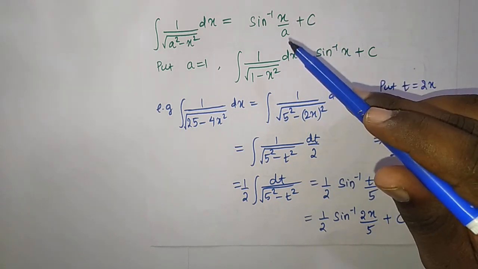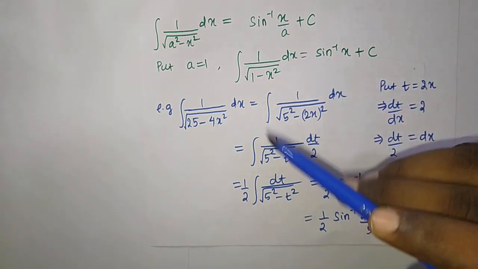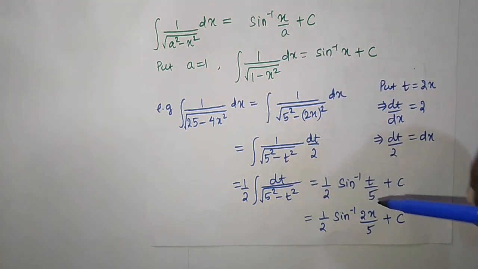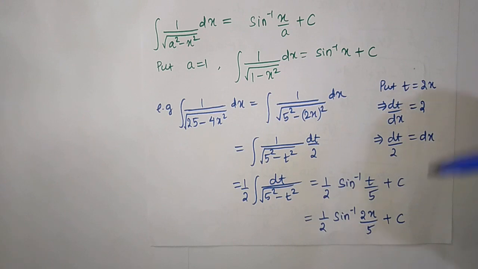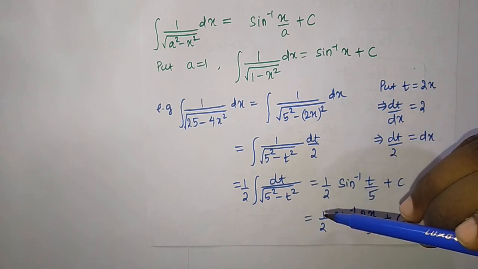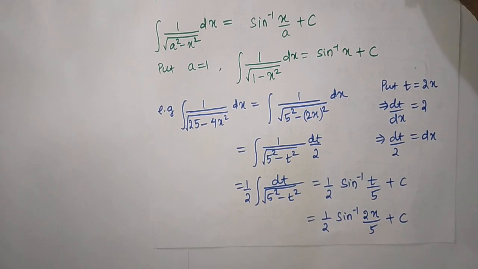Here x by a is there, so in place of x, t is there, and in place of a, 5 is there, so it becomes sine inverse t by 5 plus c. Again put the value of t, and here is the answer: 1 by 2 into sine inverse 2x by 5 plus c.